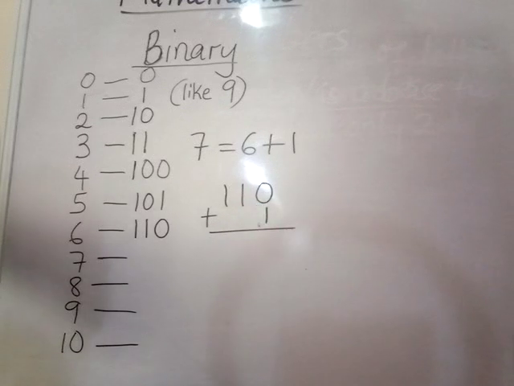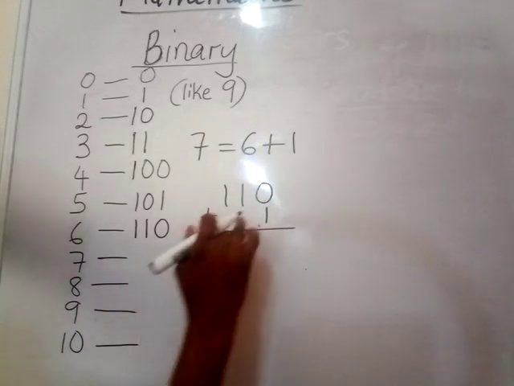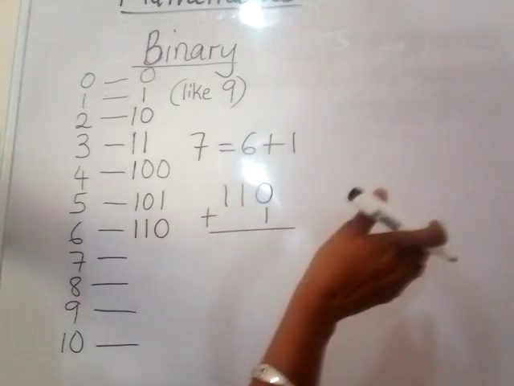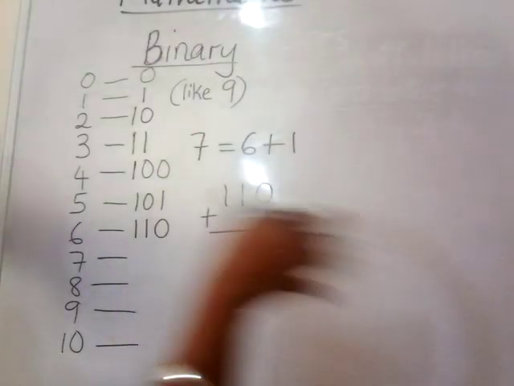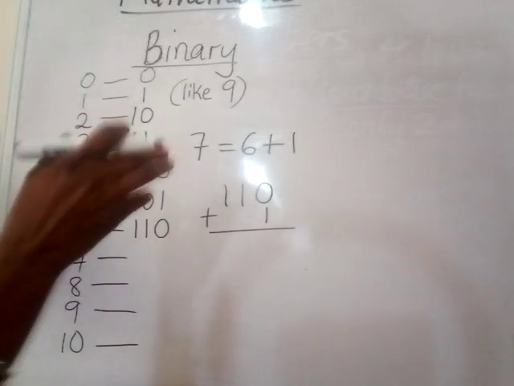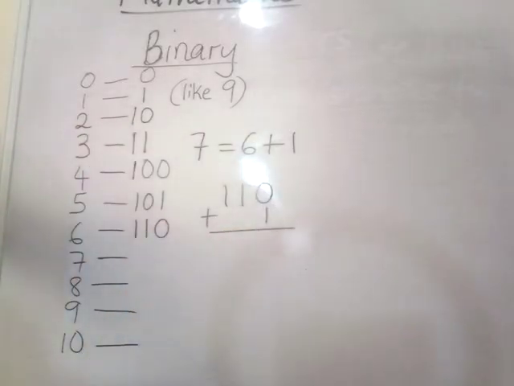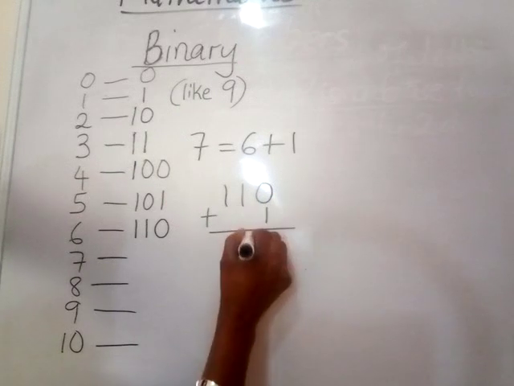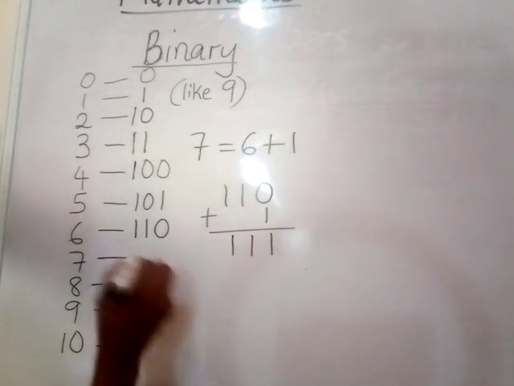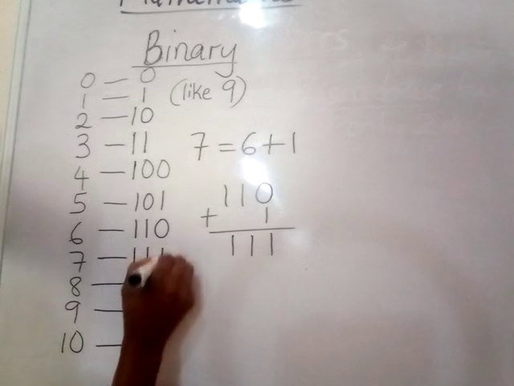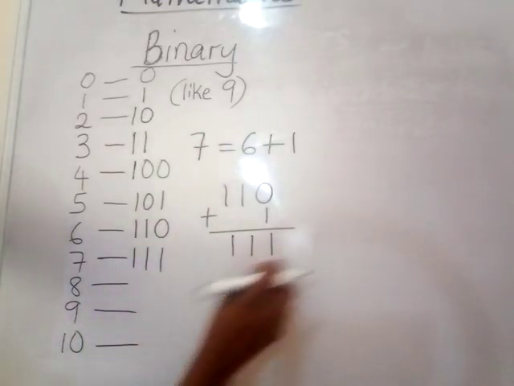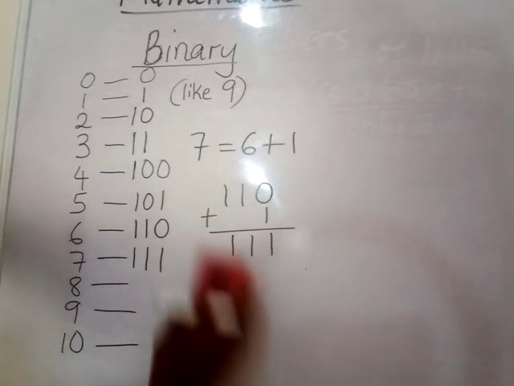Please remember, your addition is always at that right end, the extreme right end, which you liken to the unit end. That's the end you always add to get the next number. So 0 plus 1 will give us 1. 1 plus nothing is 1, and 1 plus nothing is 1. So the number 7 is 1 1 1. Just add 1 to 6 at the unit end and you get that. 7 is 1 1 1.